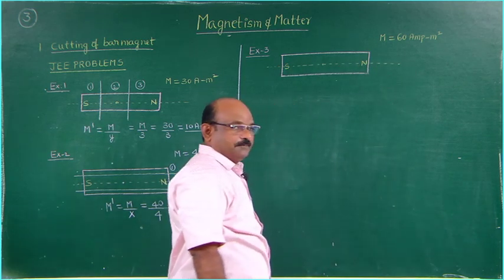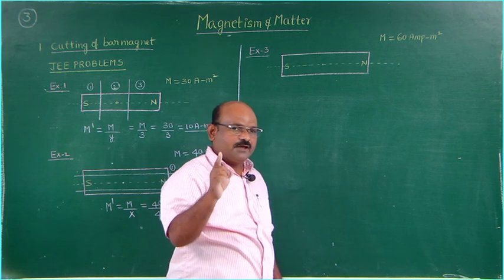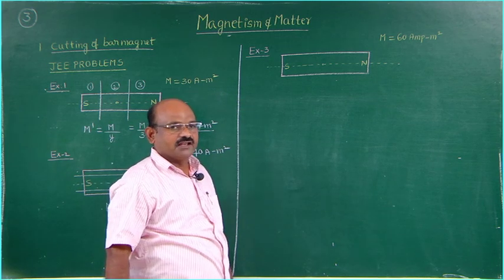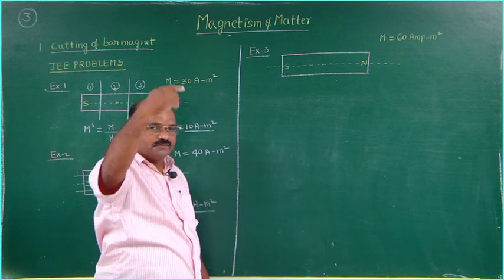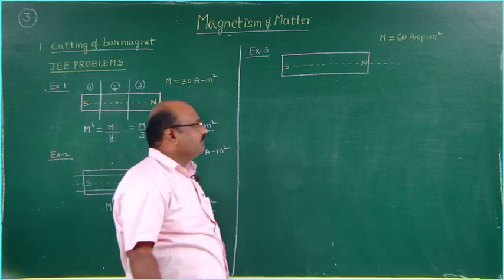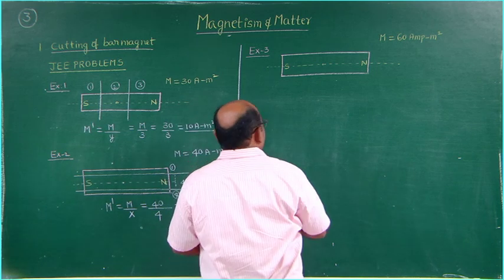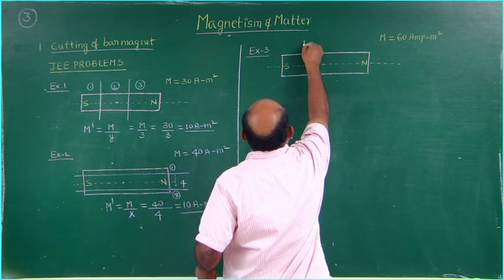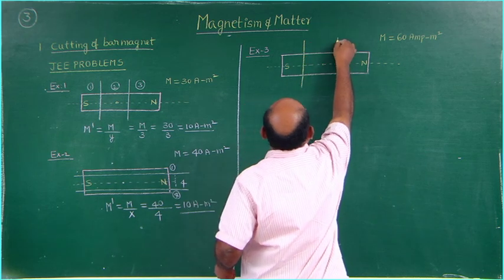Many times I said the axial line means the line passing through the center, parallel to the length of the bar magnet. The equatorial line means the line passing through the center, perpendicular to the axial line.